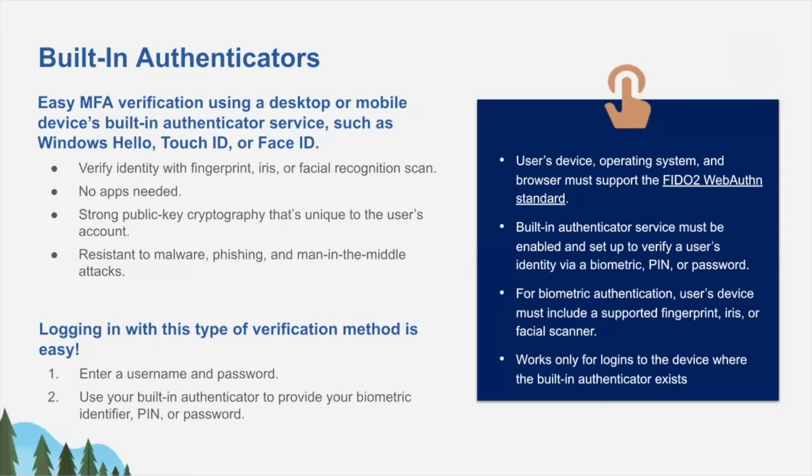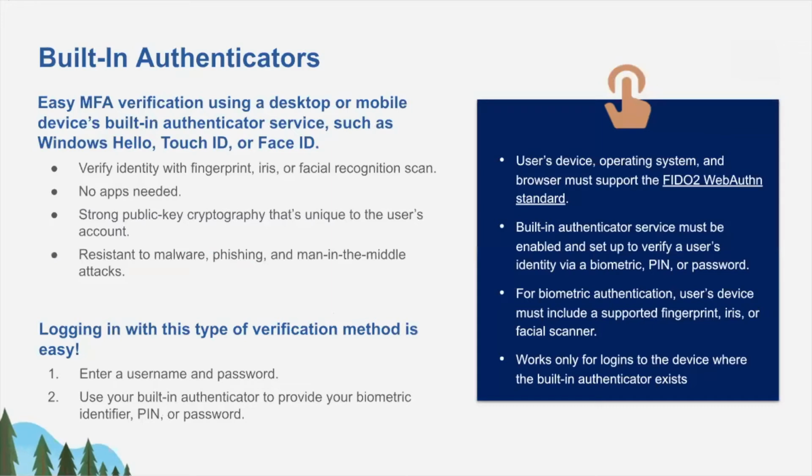And you can also use built-in authenticators, and these are easy MFA verifications using a desktop or mobile device built-in authenticator service such as Windows Hello, Touch ID, or Face ID. So they work well. They're very trustworthy. You can verify your identity with a fingerprint.